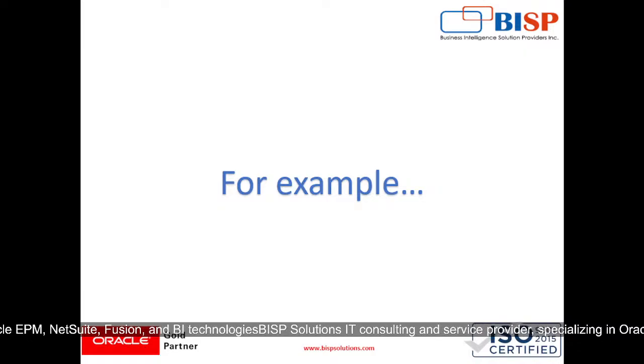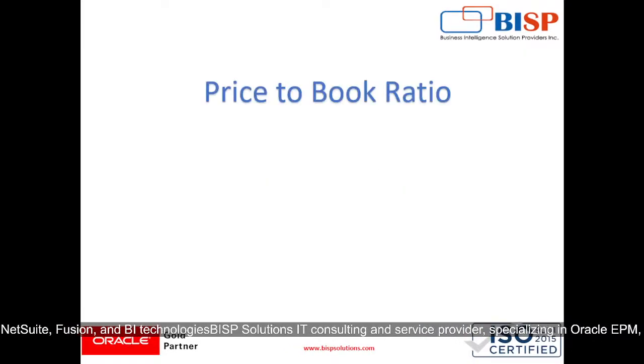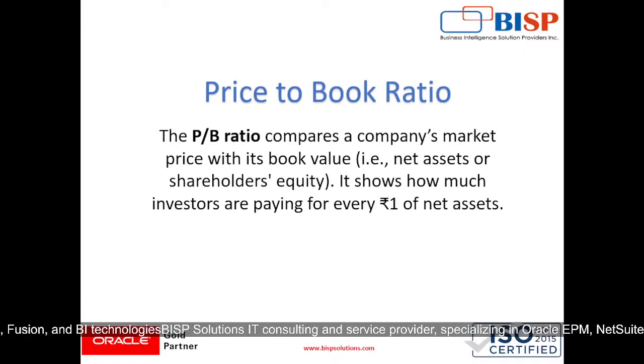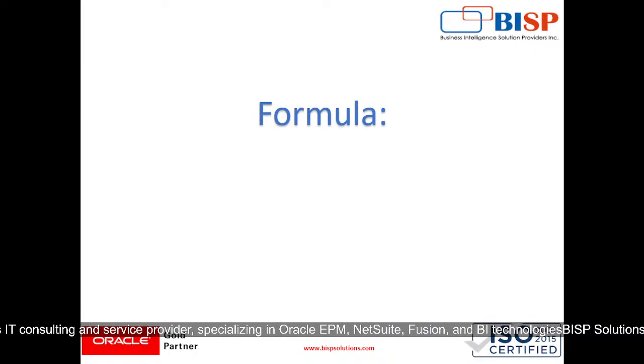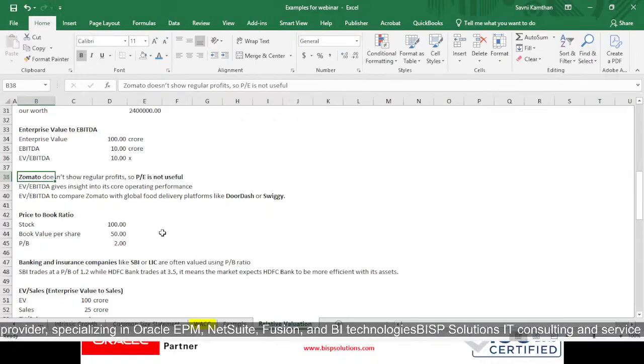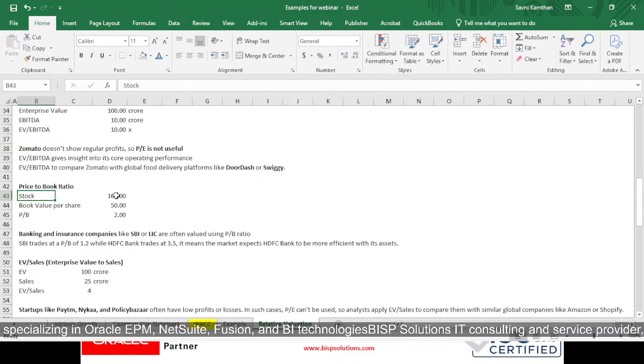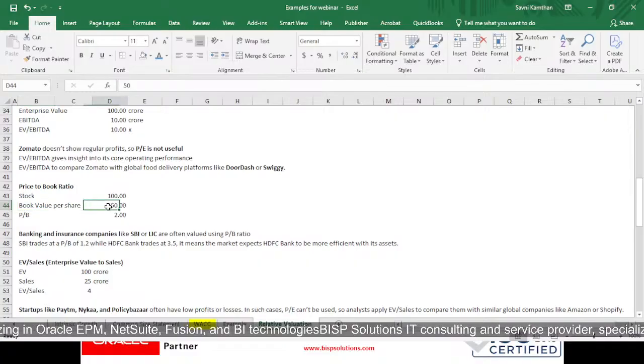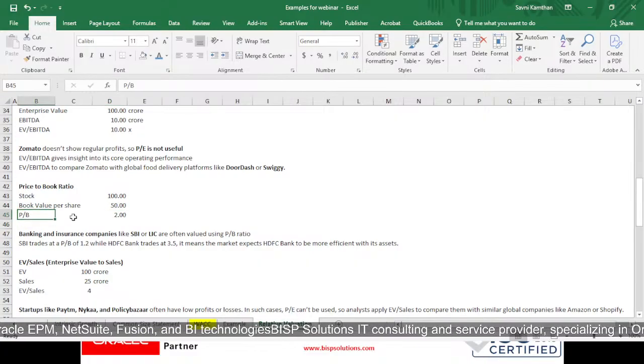Now coming to our next topic, which is the price to book ratio, where the PB ratio compares a company's market price with its book value, for example, net assets or shareholders' equity. It shows how much investors are paying for every 1 rupee of net asset. So the formula is market price per share upon book value per share. For example, our stock is 100 rupees and book value per share is 50 rupees, so our PB is 2.